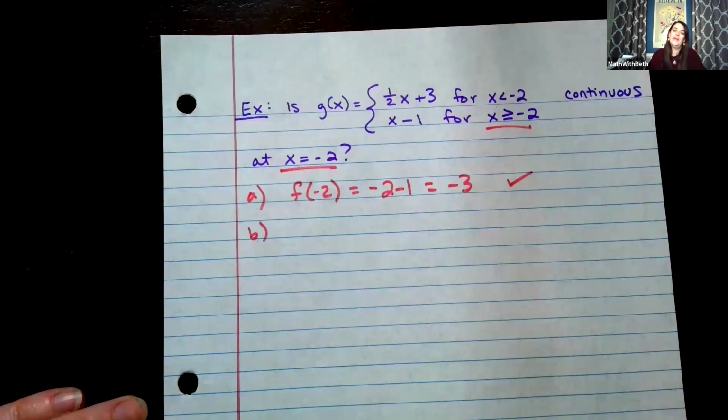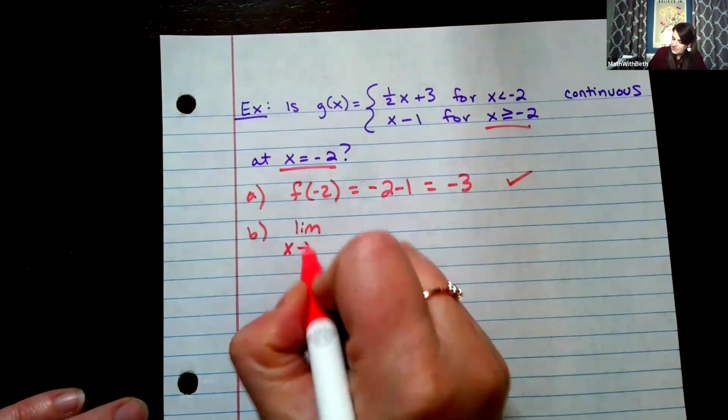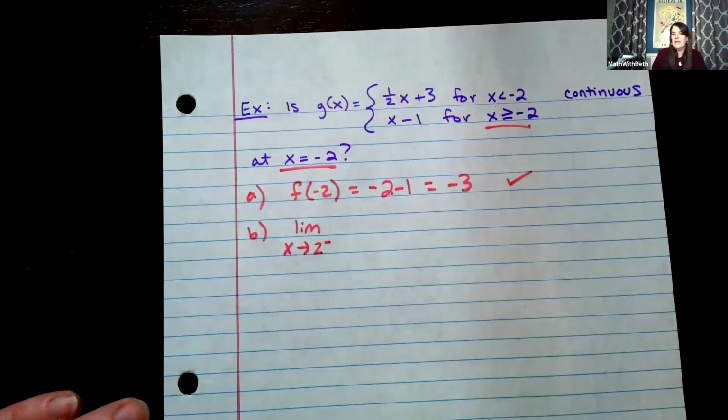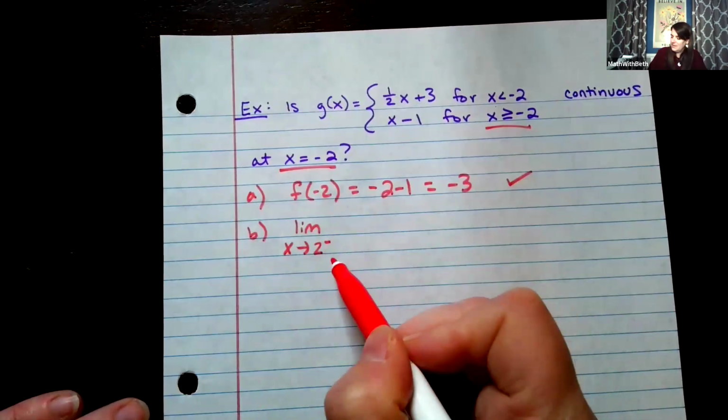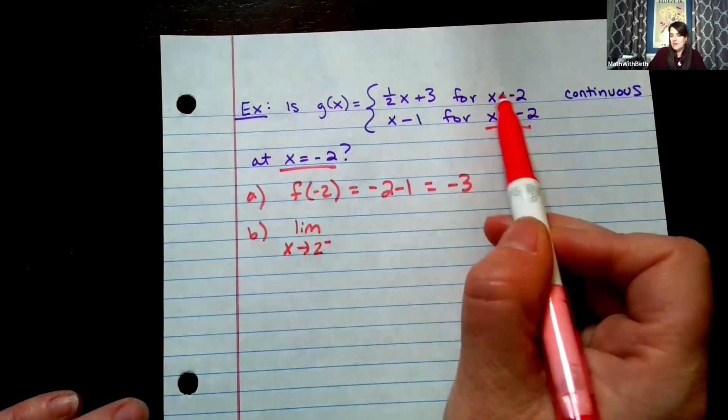Next, does the limit exist? In order to prove that with a piecewise function especially, you need to prove that the limit from the left side is the same as the limit from the right side. So in this case, coming from the left really means using that top equation.